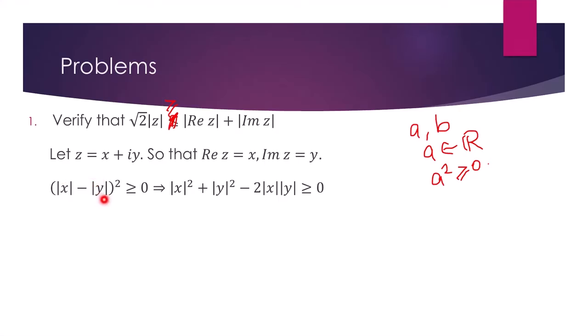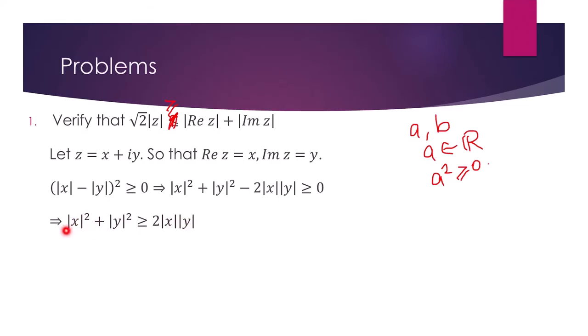Here absolute value of x is a real number, absolute value of y is a real number, so their difference is another real number. Take the square, it will be greater than or equal to 0. Means mod x square plus mod y square minus 2 mod x mod y is greater than or equal to 0, or mod x square plus mod y square is greater than or equal to 2 times mod x mod y.